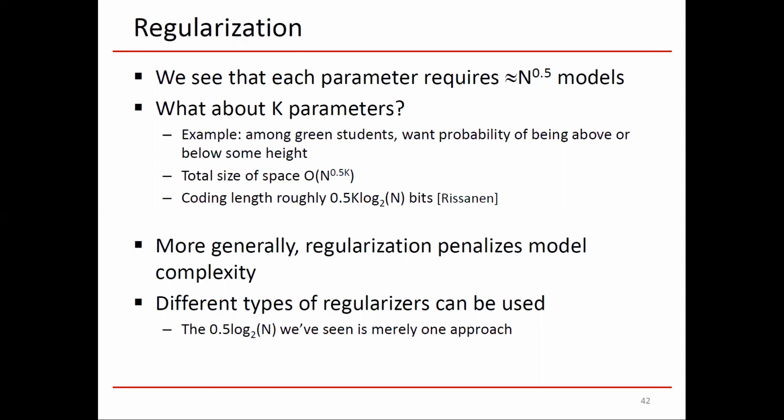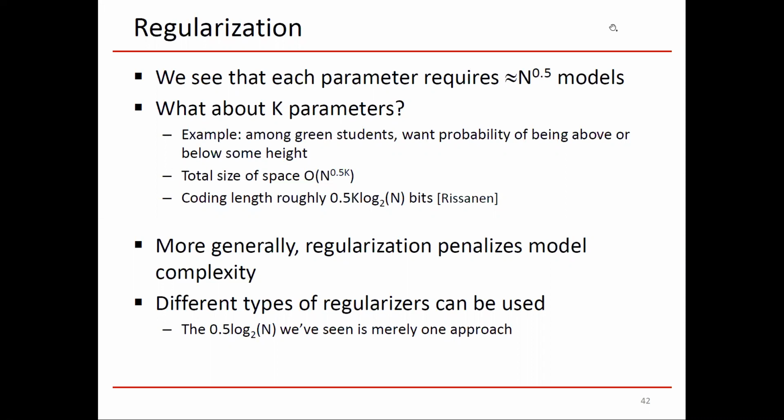And if we have k parameters, and for each of the k parameters, we need something that's proportional to square root of n parameter values in our model class. And the total size of that space is now, so if you think about it, we have square root of n per parameter. We have k parameters, so n to the power of half k, which is equal to square root of n to the power of k.